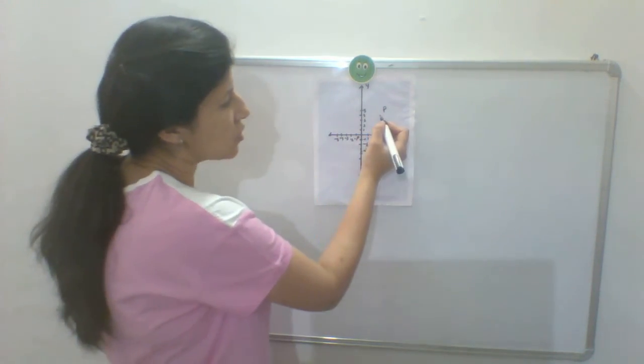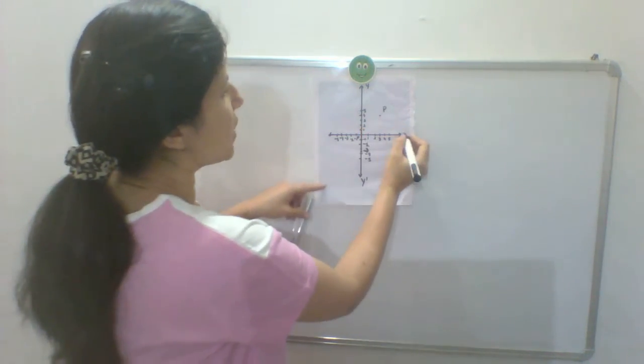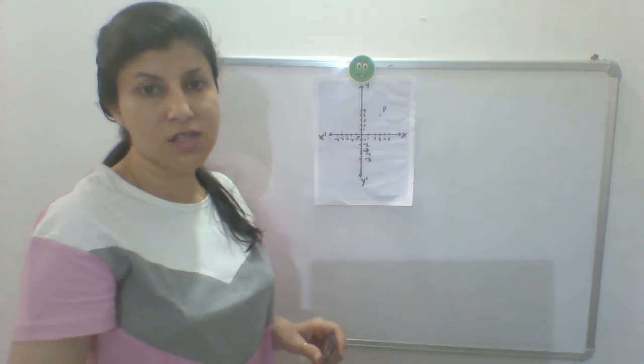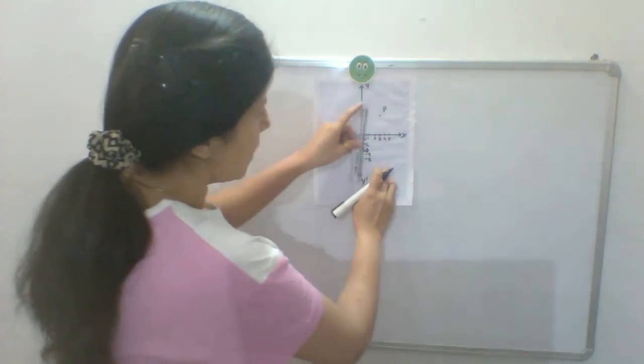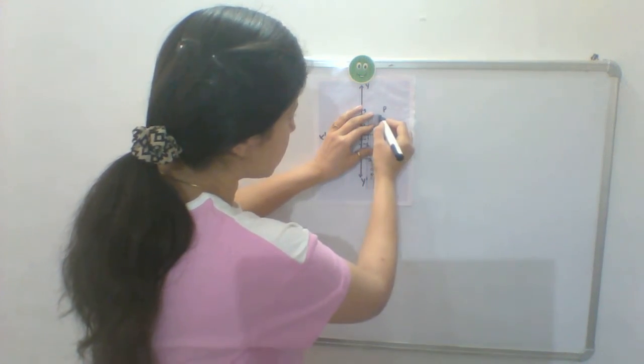Now how can we do this? Firstly, we have to find out the perpendicular distance of this point P from x-axis, and then we have to find out its distance from y-axis. Let's find out its distance from x-axis.